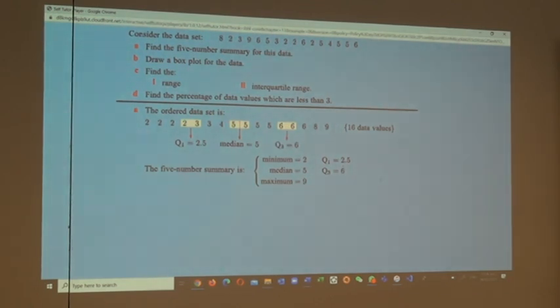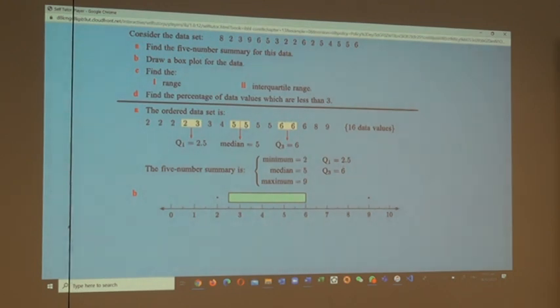To draw a box plot for this data, we start by drawing a number line, which at least includes the range of values in the set. We draw dots for the minimum and maximum values, then a rectangular box from the lower quartile to the upper quartile, including a vertical line for the median. We draw a straight line between the minimum value and the lower quartile. This is called the lower whisker and represents the lowest 25% of the data. We also draw an upper whisker, which represents the highest 25% of the data.